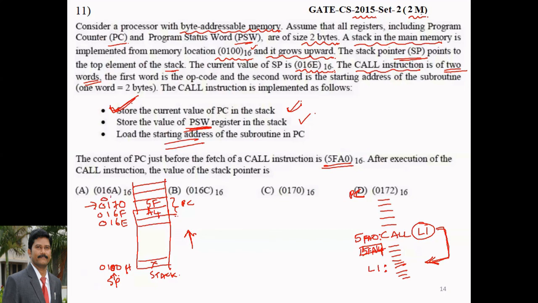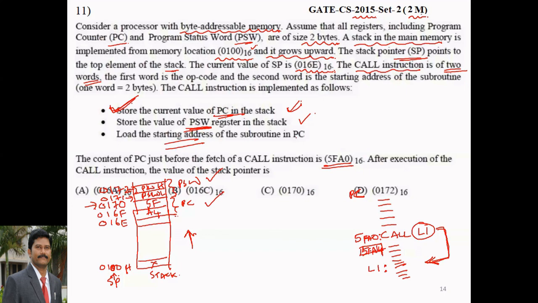That means 0171 and 0172 are these locations: PSW low and PSW high. So the first value of PC is loaded here and the value of PSW is loaded here.